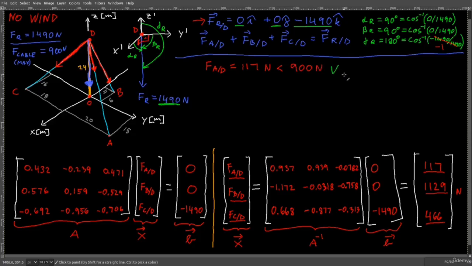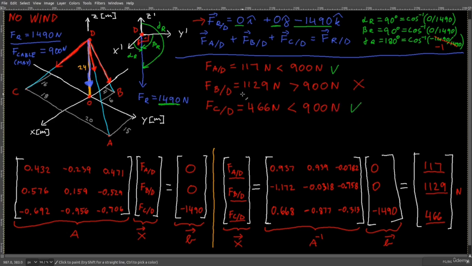So that's okay. Then Fb with respect to d, that's 1129 newtons, which is greater than 900 newtons. And that is not okay. And then Fc with respect to d, that's 466 newtons, and it's less than 900 newtons. So that's okay.